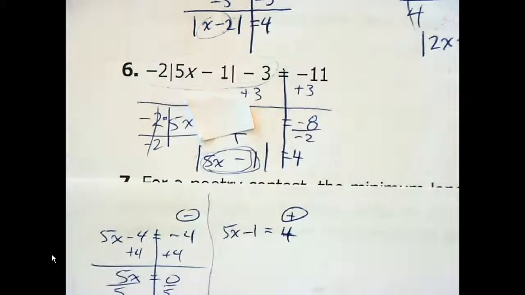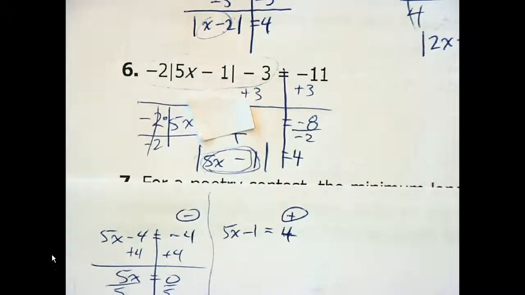Did you guys get 0 for one of them? No. Uh-oh. What did I do wrong? You wrote it wrong. You did 5x minus 4 instead of minus 1. Good. Come on, evaluate my work. Everyone should be looking up here, comparing your work to mine.